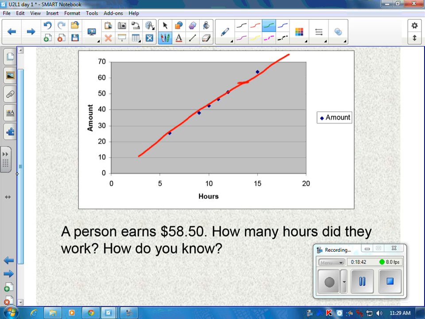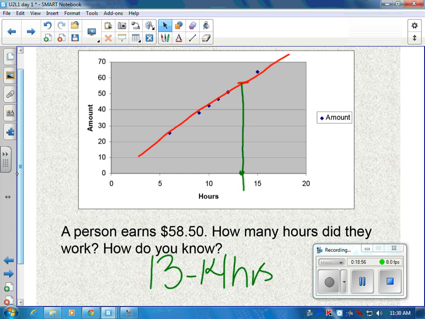So I'm trying to see what is the X value when the Y is 58.50. And I'd say 13 to 14-ish. Somewhere around 13 to 14 hours. So I can use that trend line. I can use my graph to see if they earn this amount of money, how many hours did they work?